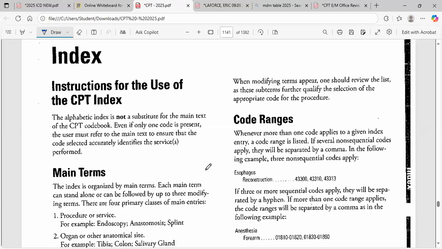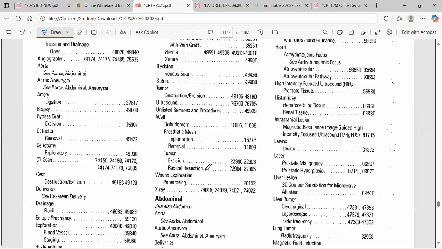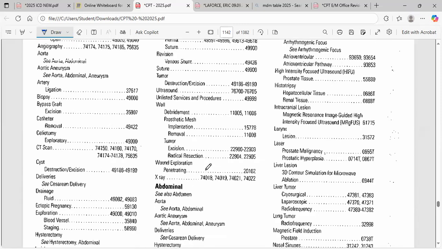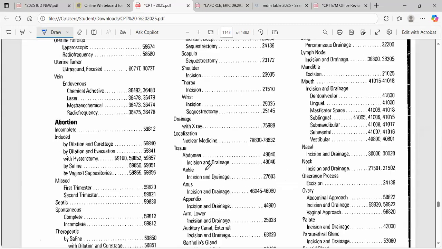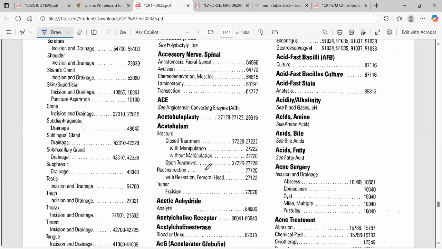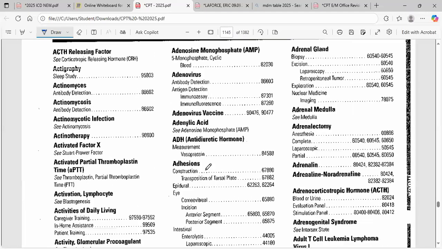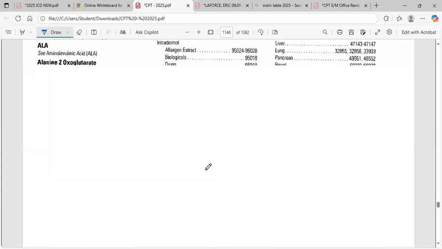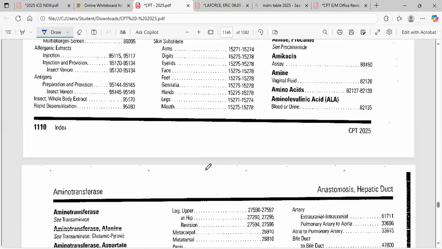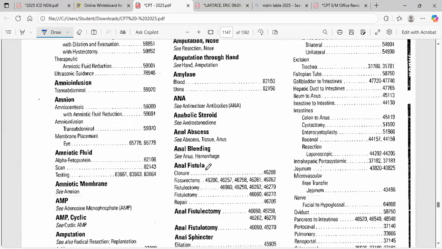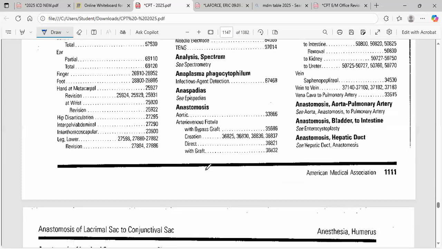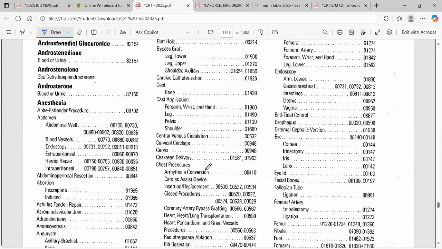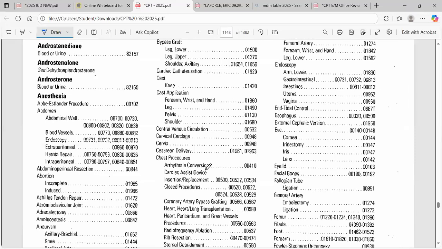So let's say we are going to learn about anesthesia. To find the code for anesthesia, we have to refer to anesthesia in our manual. Here we go. Here we have the anesthesia.